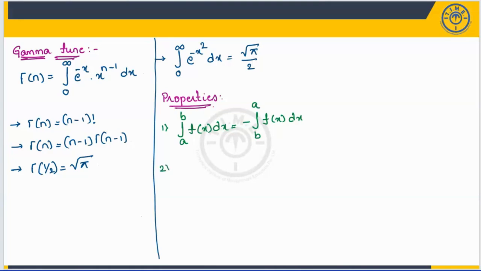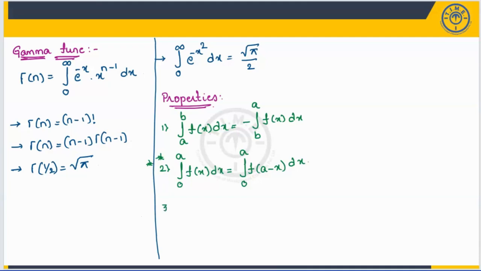And again, integral from 0 to a f of x dx is the same as integral from 0 to a f of a minus x dx. And as I said, for civil and mechanical, n number of questions were asked on this property.